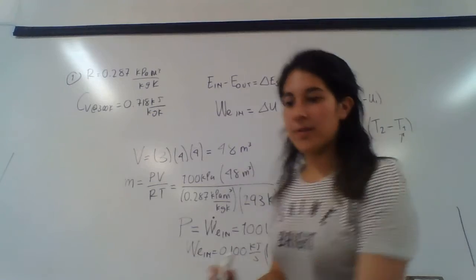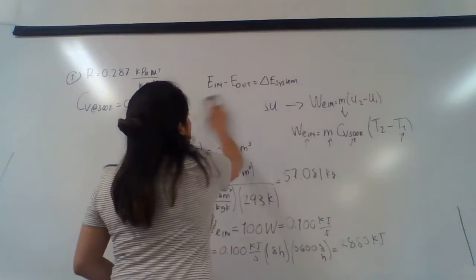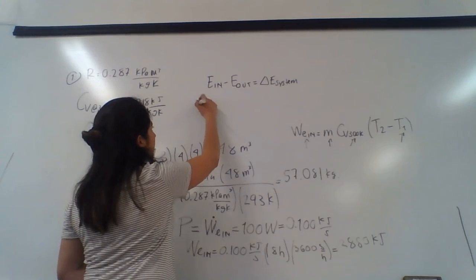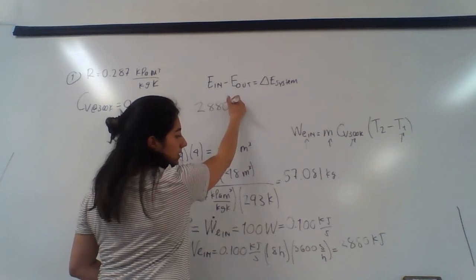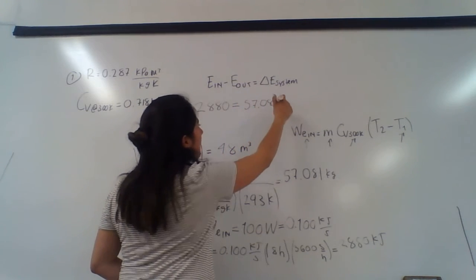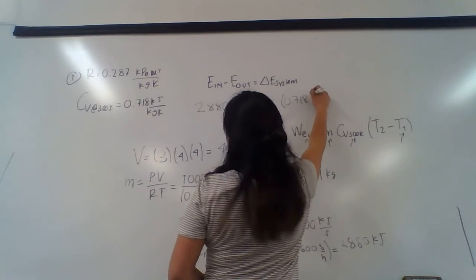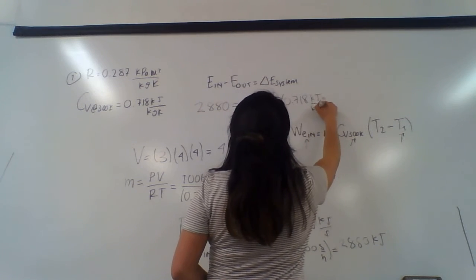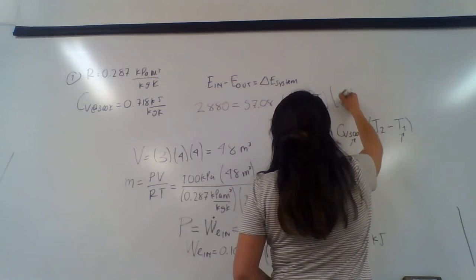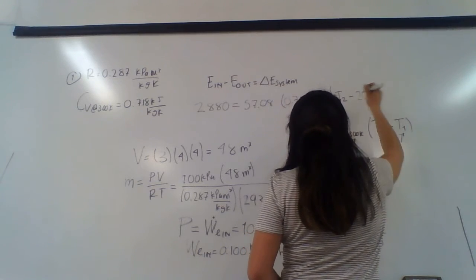So I'm going to erase this. 2,880 equals 57.08 times the CV, which is 0.718 kilojoules over kilogram Kelvin, times T2 minus 20 degrees Celsius.